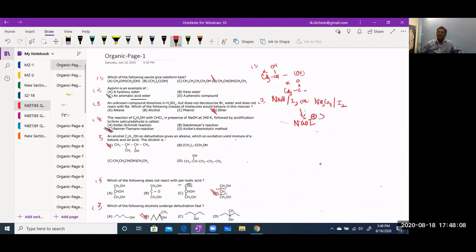I plus is going to replace all the alpha hydrogens and gives rise to iodoform. So that's the main condition discussed here. It should have a CH3CHOH group, or a CH3C=O group. That means it should contain alpha methyl.